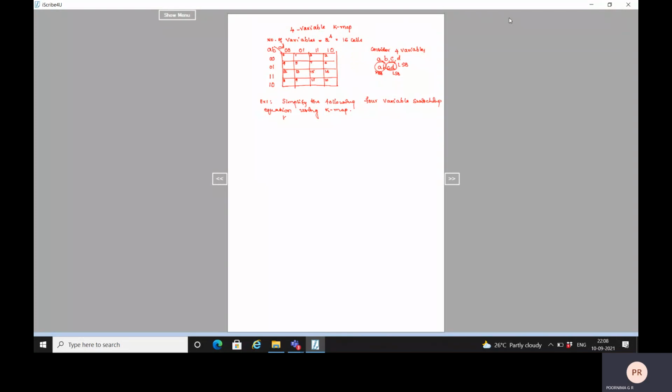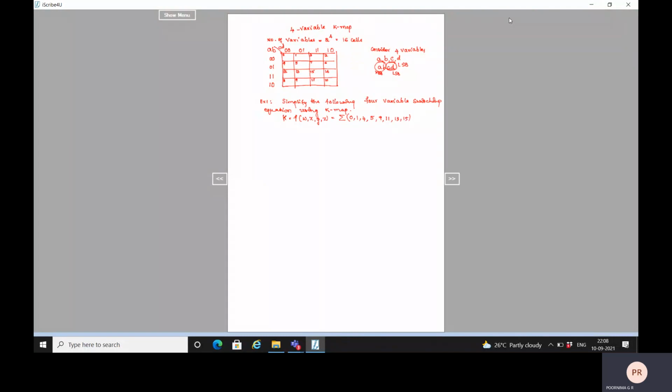The equation is as follows: A equal to f of w, x, y, z, a function of 4 variables, consists of the minterms 0, 1, 4, 5, 9, 11, 13 and 15.